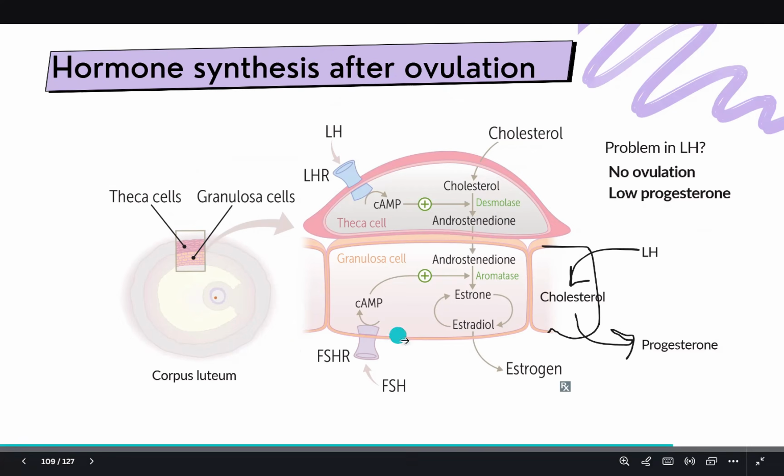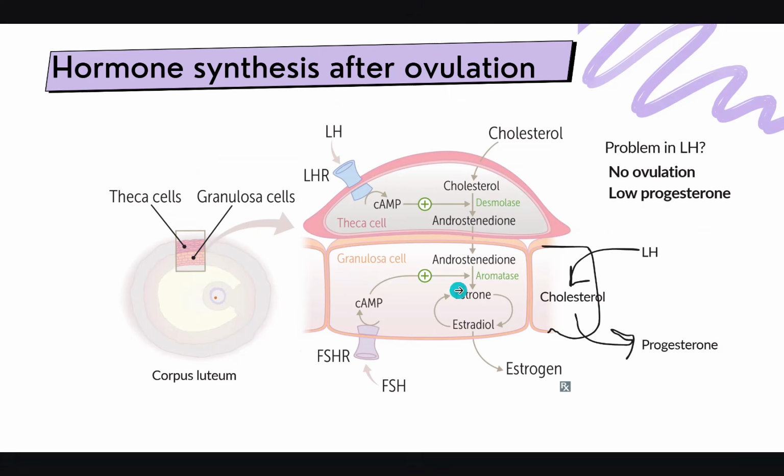The granulosa cell that is stimulated by FSH then converts androstenedione to estrogen. But another thing is that this granulosa lutein cell of the corpus luteum is also affected by luteinizing hormone, or LH, and this converts cholesterol to progesterone. So this is the main pathway that happens in the granulosa cell after ovulation, in the corpus luteum.